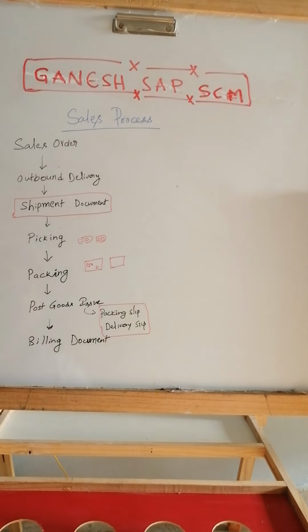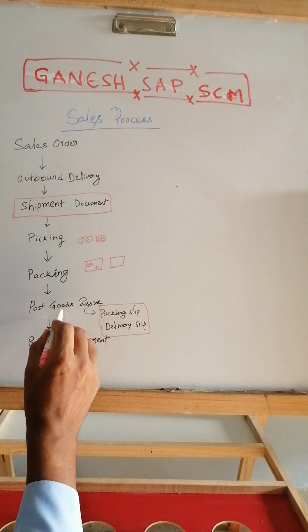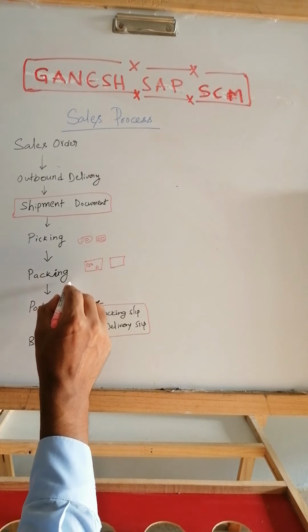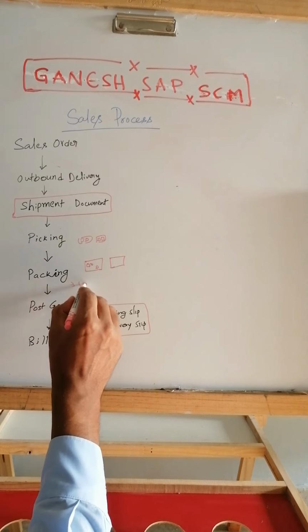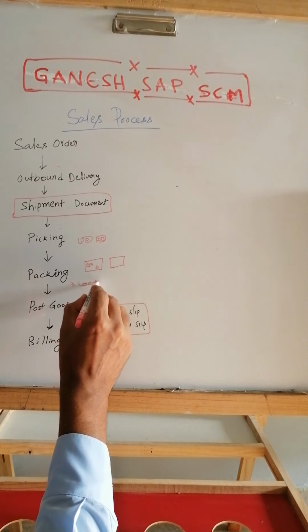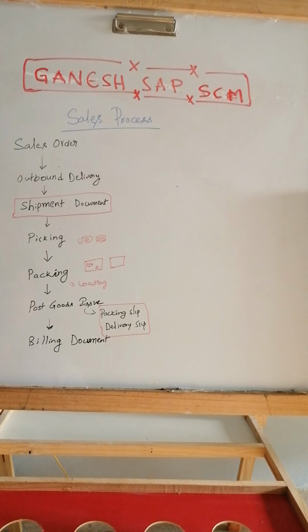This packing can then be loaded. I also want to mention that before goods issue there is one more process called loading. It may be in the system or out of the system. When the materials are placed in the truck, we call that loading.